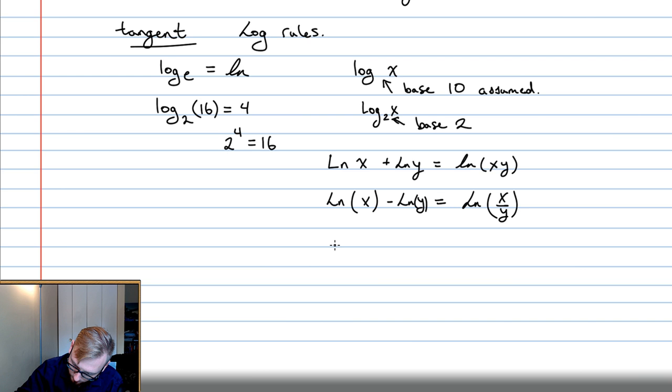If you've got natural log of, what's the next one on the list? Ah, the exponent one. Natural log of x to the a.